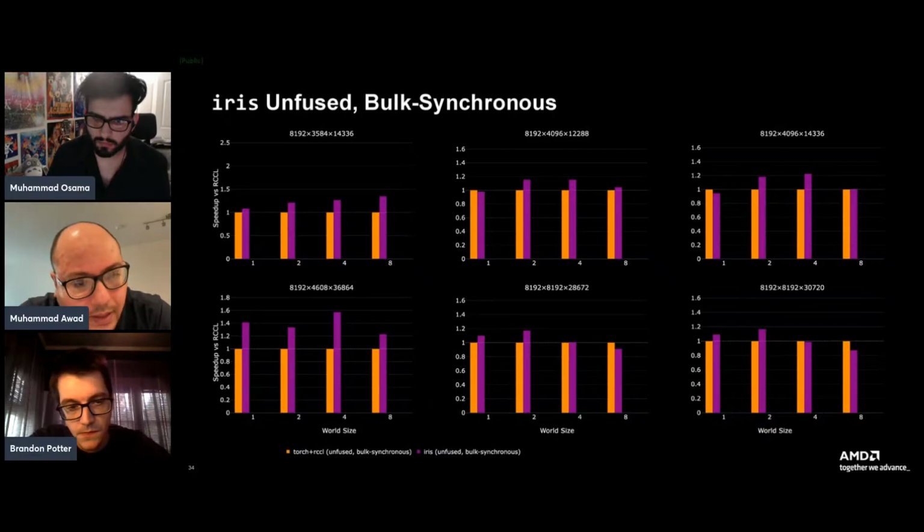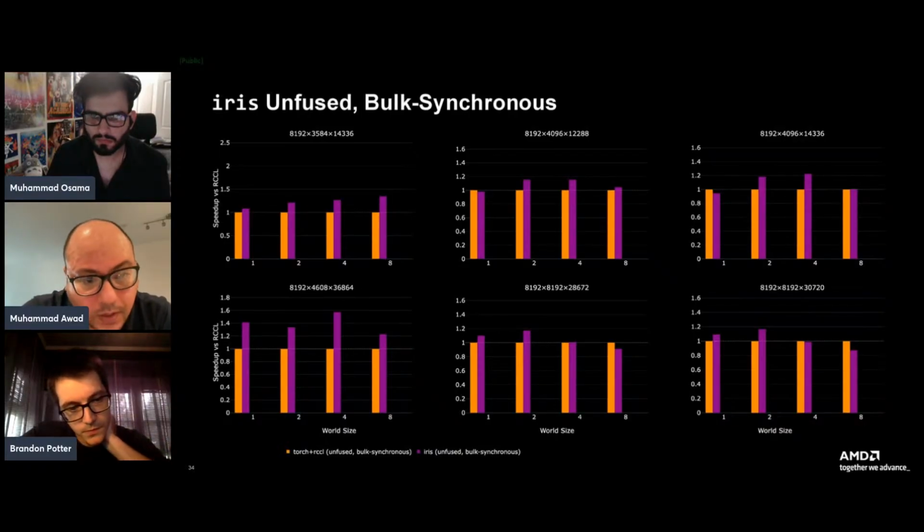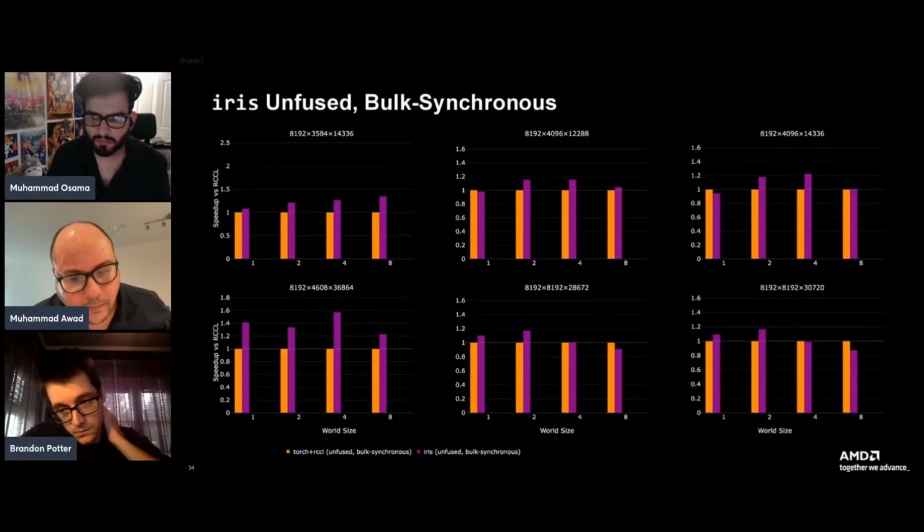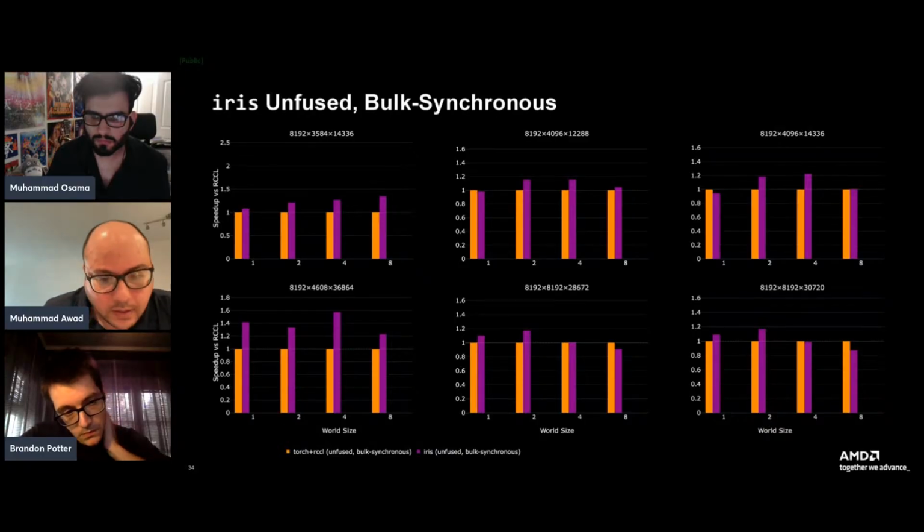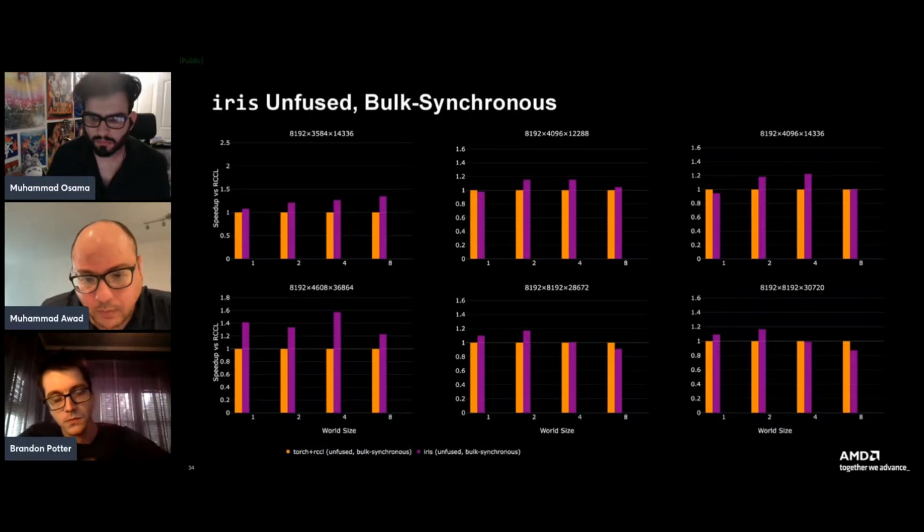But this is really the important thing about Iris. Iris lets you do all of that. It lets you write the kernel in the very custom way that you want. So even if you want to customize your kernel for some particular shapes, you can use Iris to get that performance gain. But again, there's obviously that trade-off between a general-purpose library designed to solve very many problems versus your own particular solution targeting a particular problem.